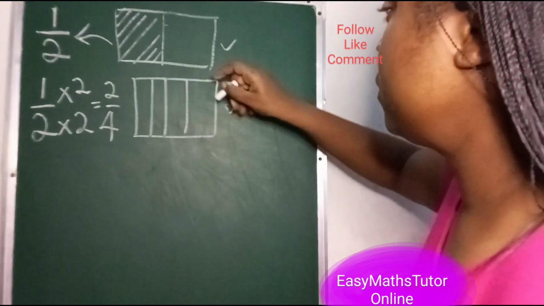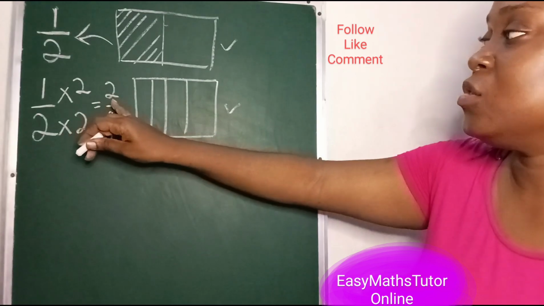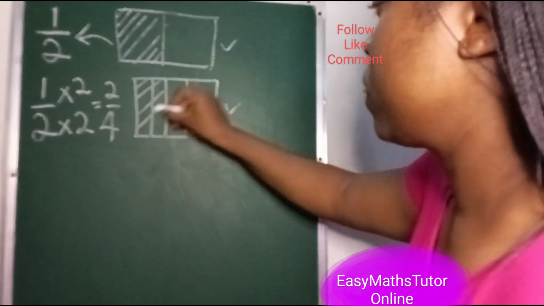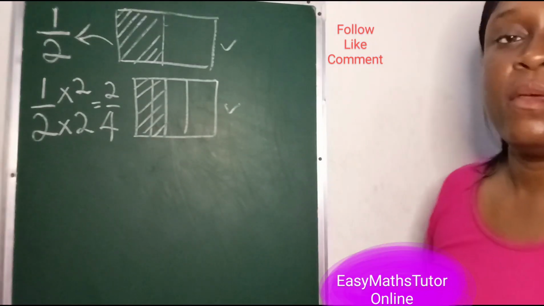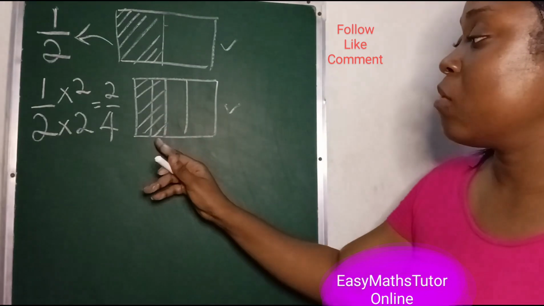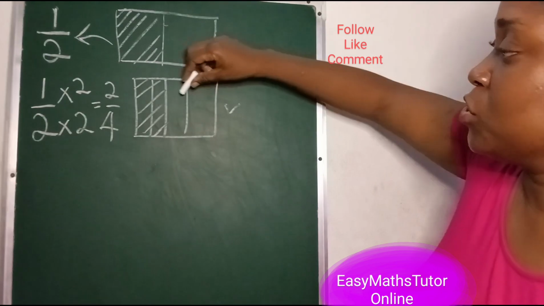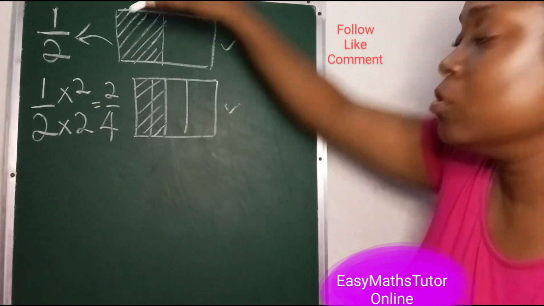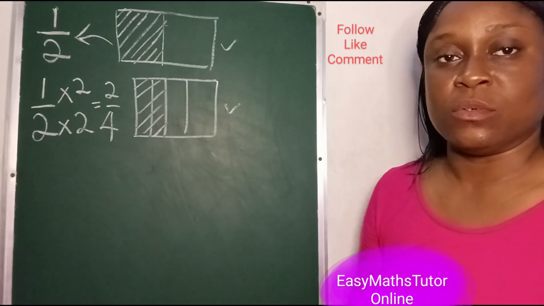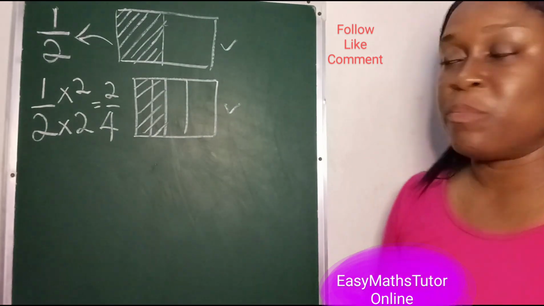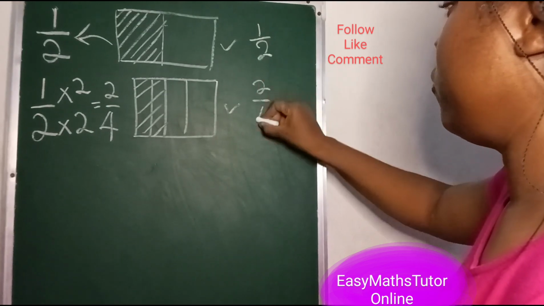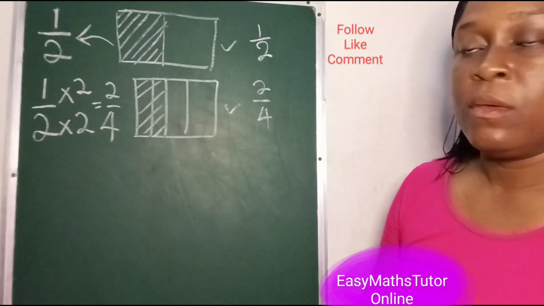Okay, so if I shade 2 places out of 4, do you see that this equivalent fraction portion is equal to this particular portion? So they are equal fractions, but they have different representations. This is 1 over 2, this is 2 over 4.